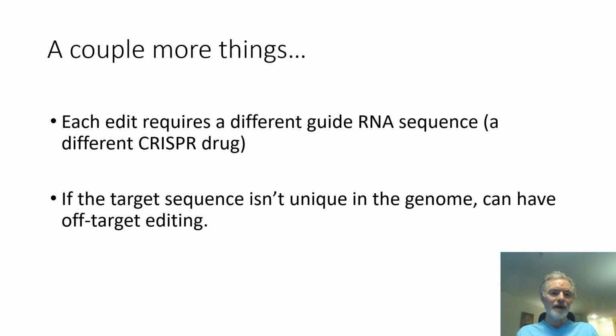The other thing is, what if, say, all but one of the DNA bases are the correct ones? Maybe every once in a while it'll bind to the wrong site and make a DNA break somewhere that you don't want it. Okay, so there's a few things going on, and we need to basically adapt CRISPR as it naturally occurs to make a lot of the editing changes that we'd like to for genetic diseases.